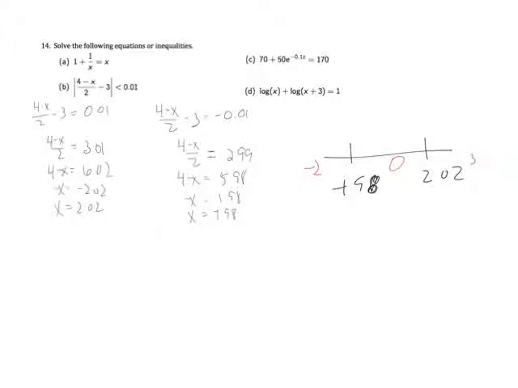I went to check this and I knew something wasn't right, and that's my problem, I left my paper key at school. Over here, this should not have been a negative 2.02. That should have been a positive. I don't know what I was thinking. 6 minus 4 is positive 2. So when I divide, I do actually get a negative there.